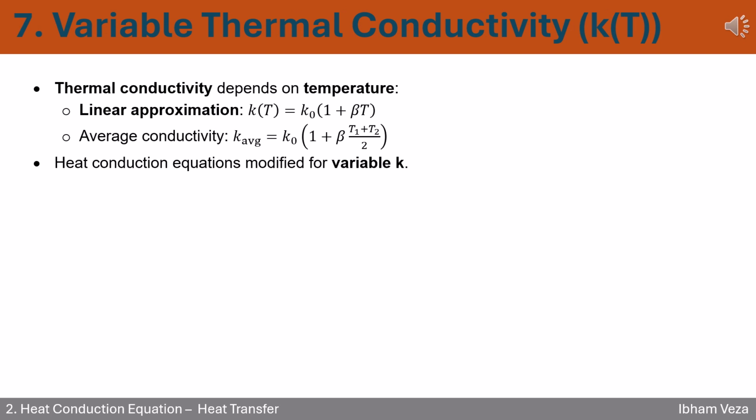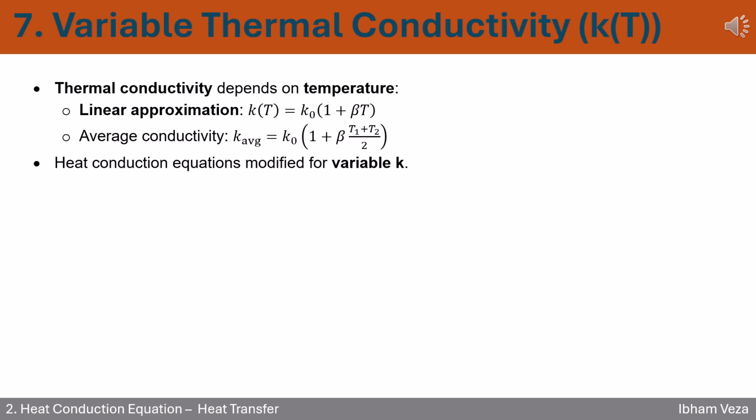7. Adjust for changing thermal conductivity. Heat conduction isn't always straightforward. Thermal conductivity often varies with temperature. When that happens, we adjust the equation accordingly. A simple linear approximation relates K of T to the baseline K0 and temperature.